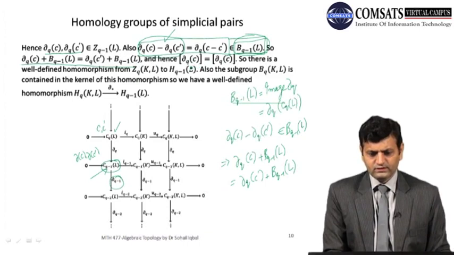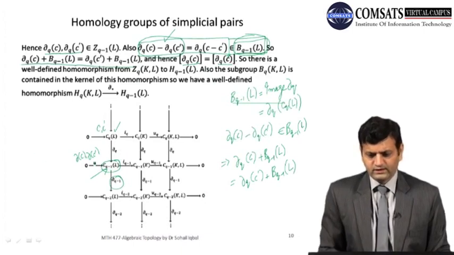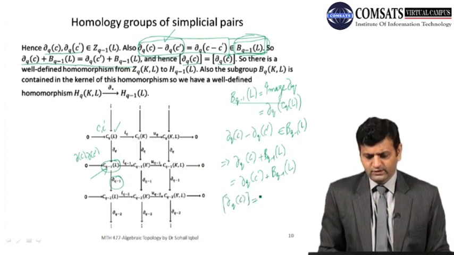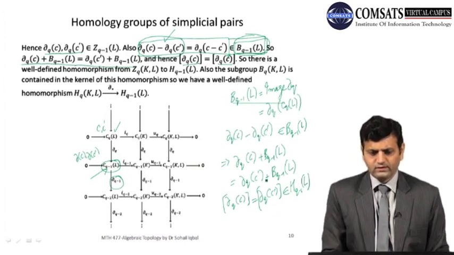So ∂_q of C and ∂_q of C prime have the same class inside C_{q-1}(L). In other words, the class of ∂_q C is equal to the class of ∂_q C prime, and these are elements of H_{q-1}(L).